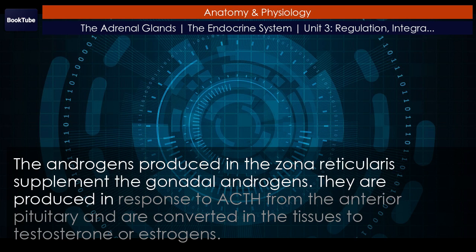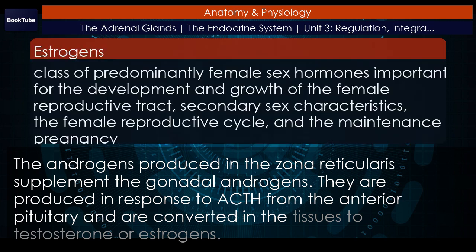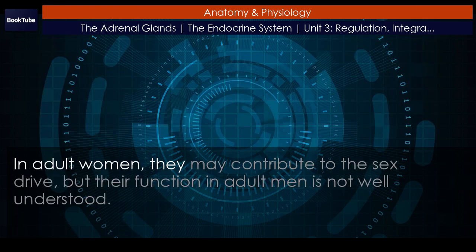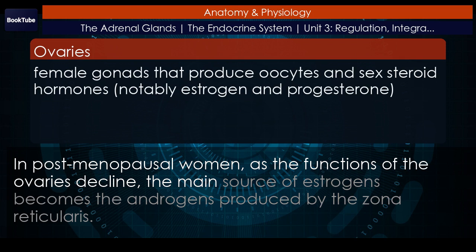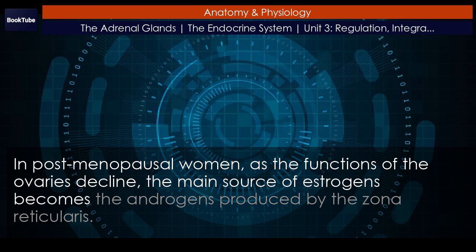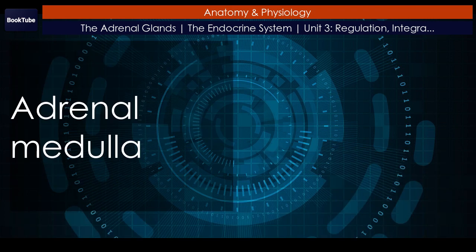They are produced in response to ACTH from the anterior pituitary and are converted in the tissues to testosterone or estrogens. In adult women, they may contribute to the sex drive, but their function in adult men is not well understood. In postmenopausal women, as the functions of the ovaries decline, the main source of estrogens becomes the androgens produced by the zona reticularis.